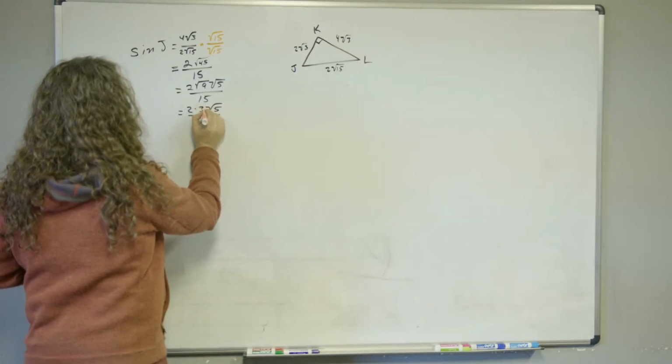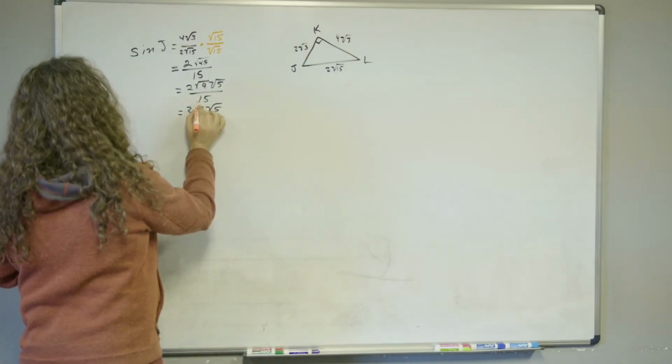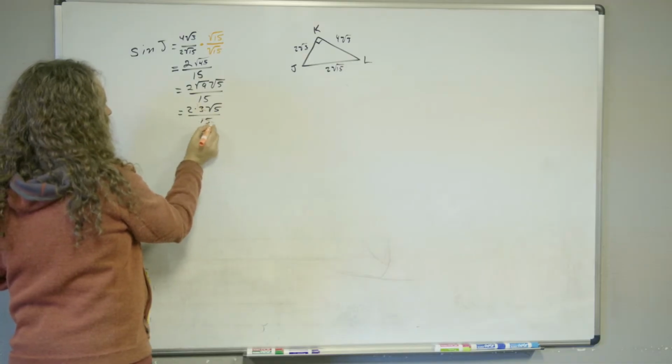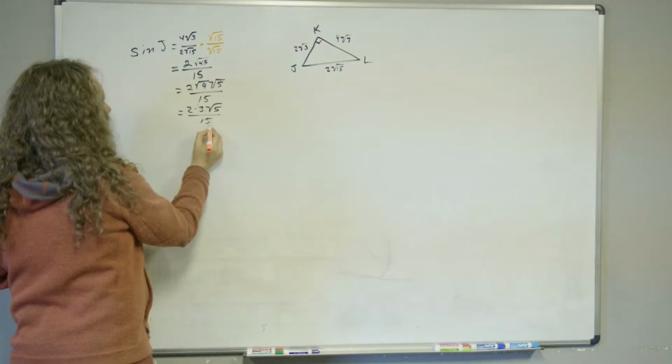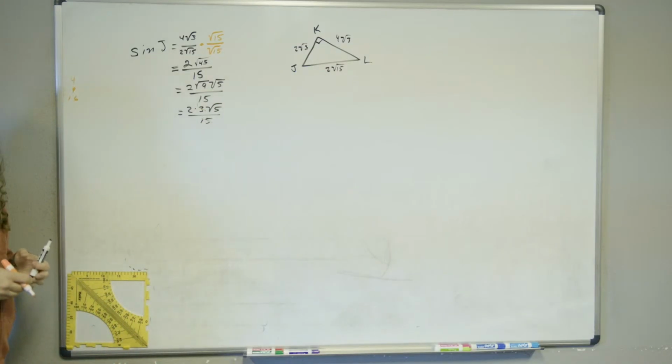What's 3 divided by 3? One. What's 15 divided by 3? 3 times 3 is 15? No, 15 divided by 3 is what? What times 3 equals 15? 5.